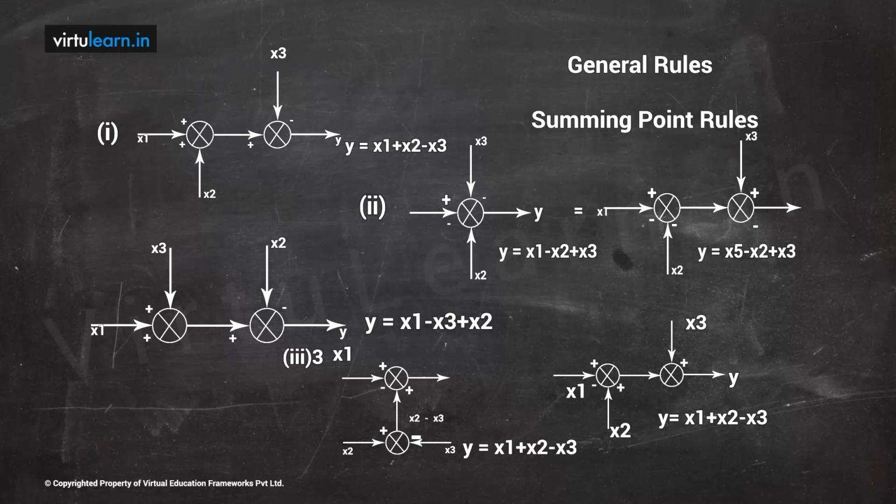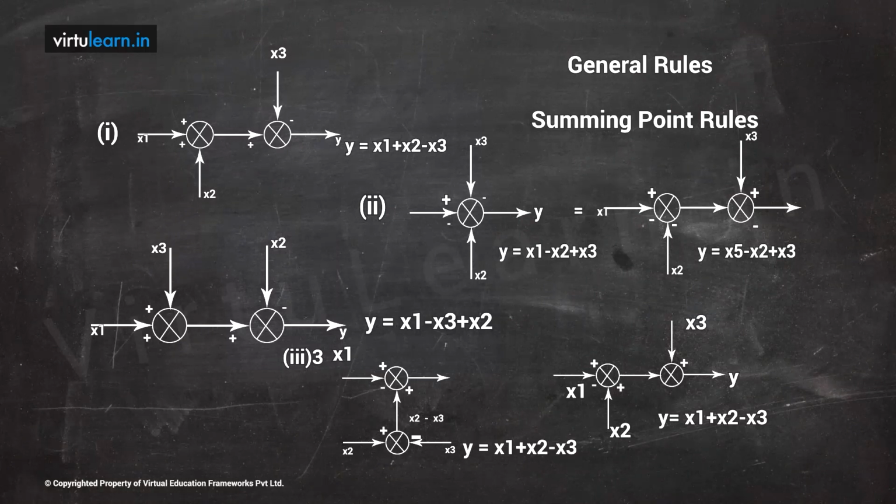So what I want to do here is interchange these two summing points. When you interchange, again for the same inputs, we'll check what the output will be. If the output is the same, then I can say two summing points, whenever they are connected adjacently, can be interchanged easily. Let us verify. Now here I am taking x1 and x3, that is the second summing point, plus and minus, and I am taking another summing point, which is the first summing point in the previous one, and the input is x2, so I have the output.